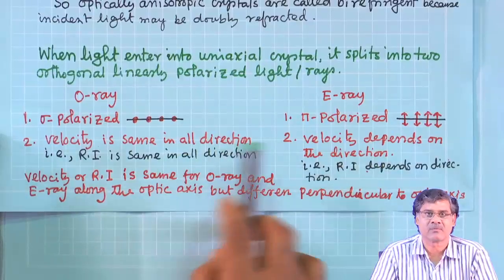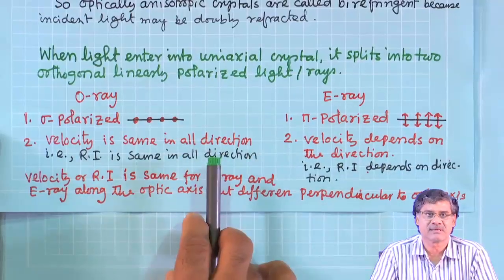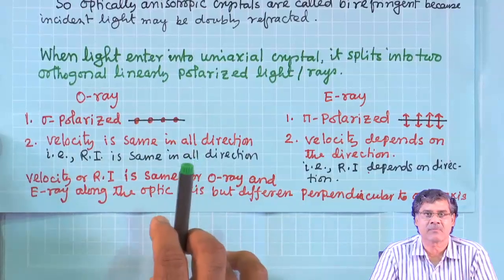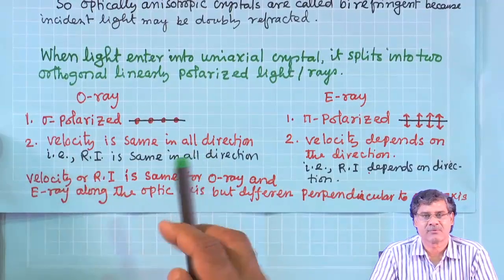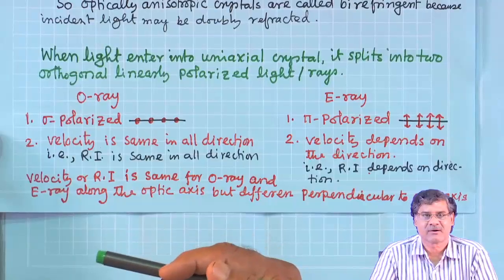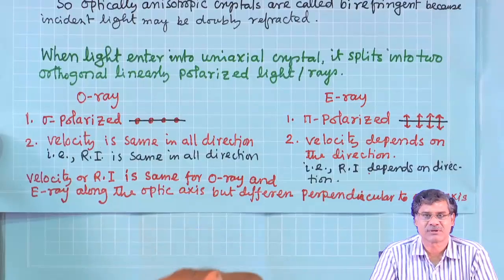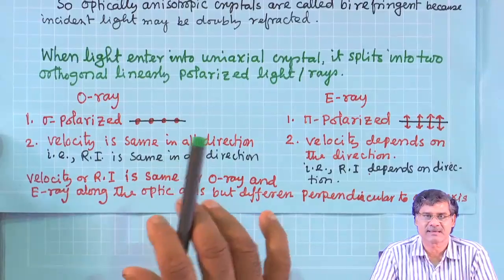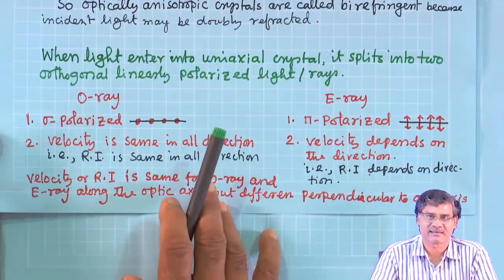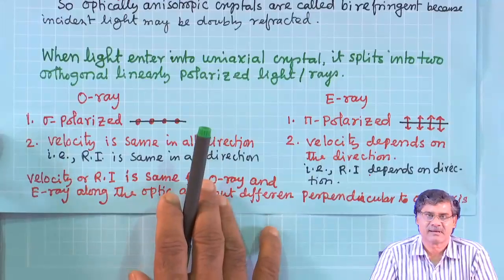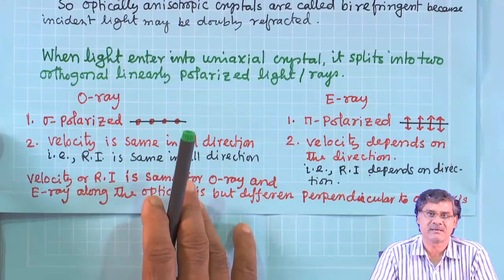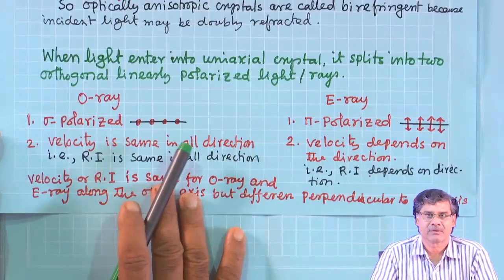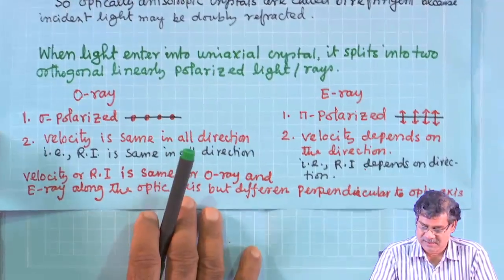One thing is common for both: the velocity or refractive index for the O ray and E ray are the same along the optics axis. So, then we can define the optics axis. What is the optics axis? The optics axis in the crystal is the axis in that direction of which the velocity or refractive index for the E ray and O ray are the same. Okay. So, that way we define the optics axis.